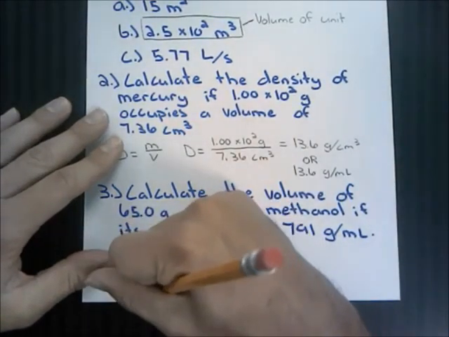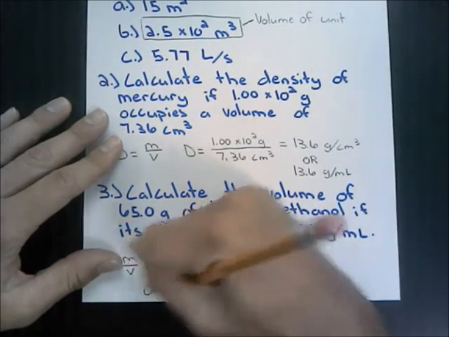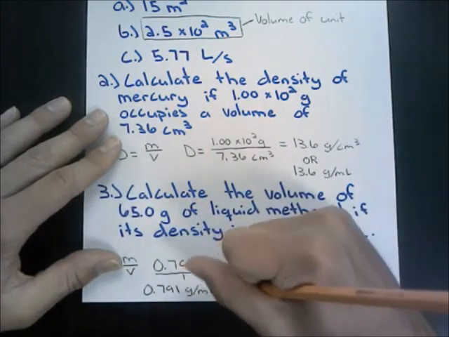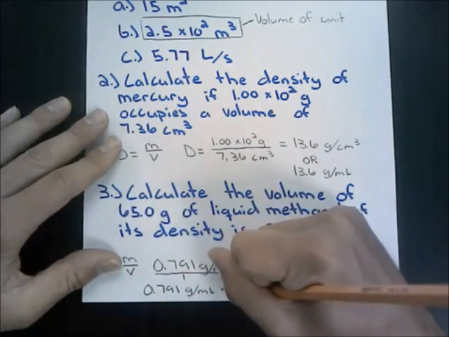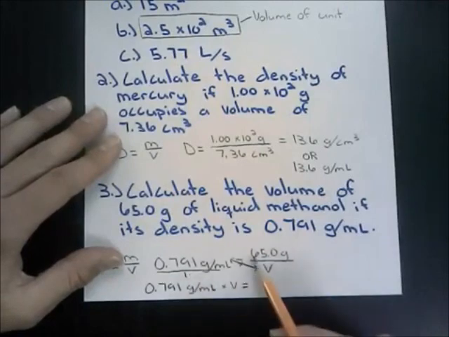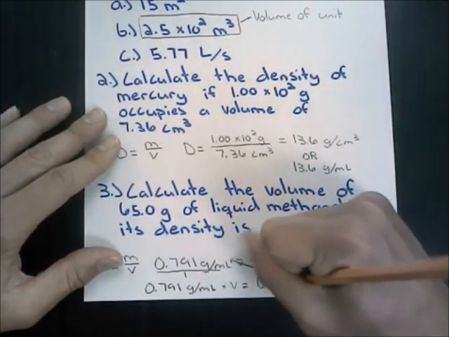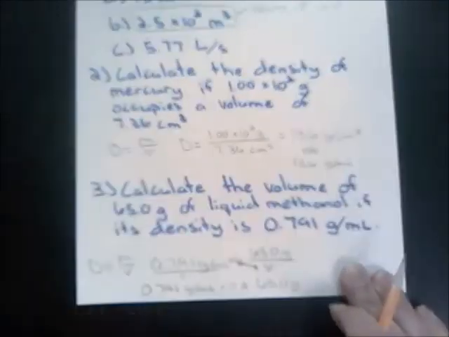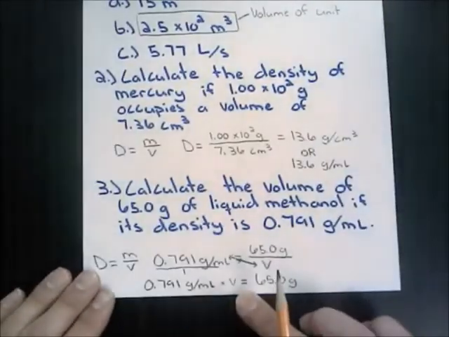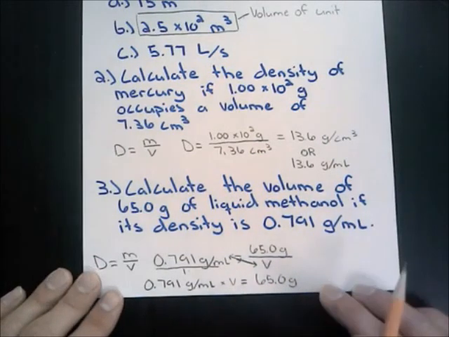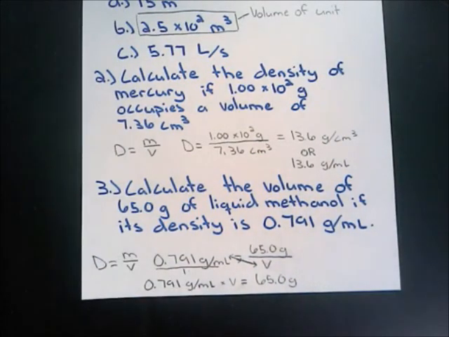And so when I do this, I get 0.791 grams per mL times V equals 1 times 65, which is still just 65 grams. And so to get V by itself, you need to divide each side by 0.791.